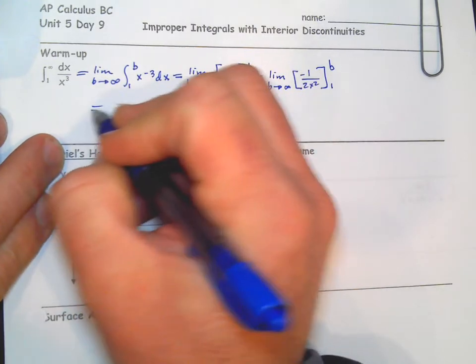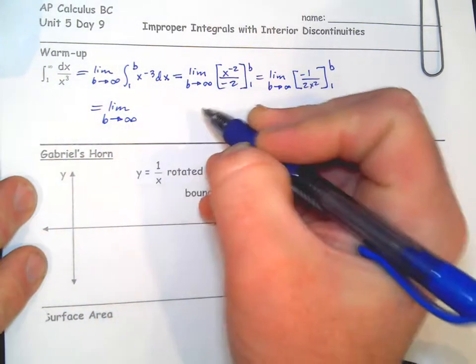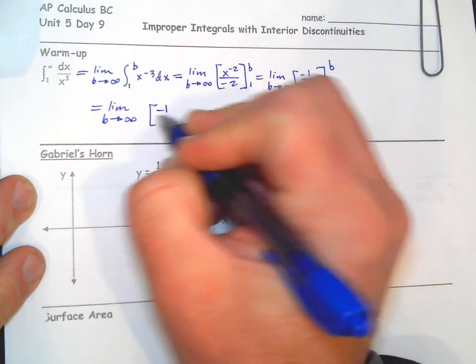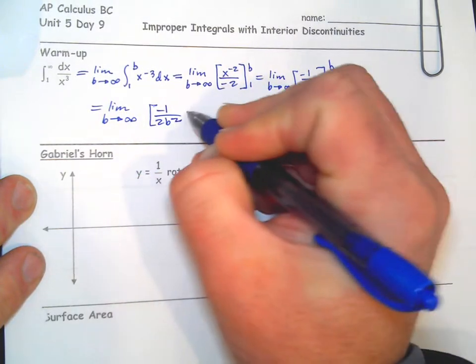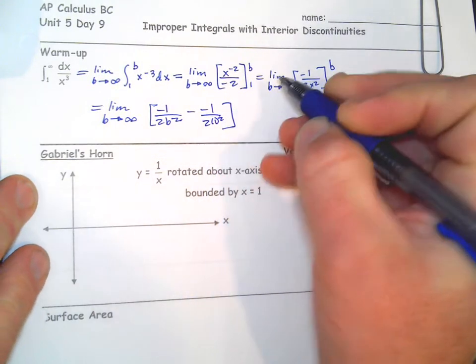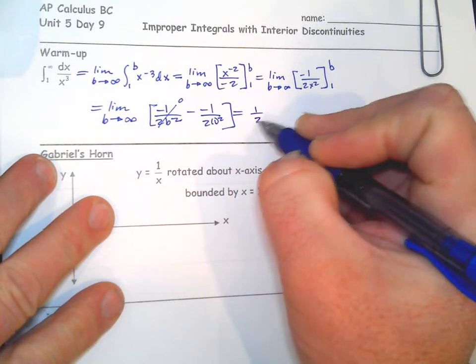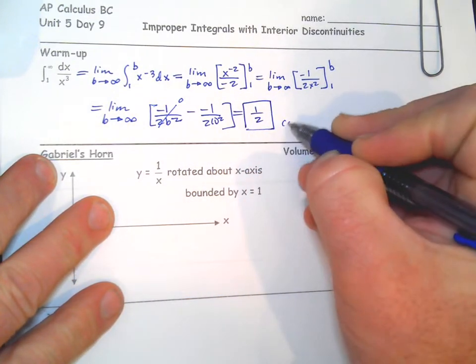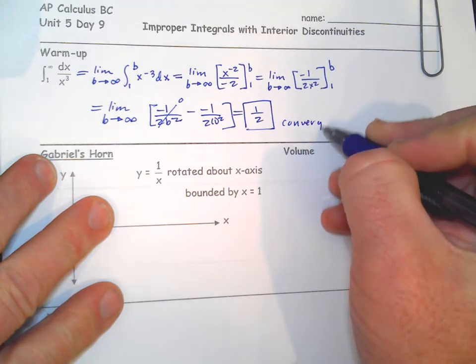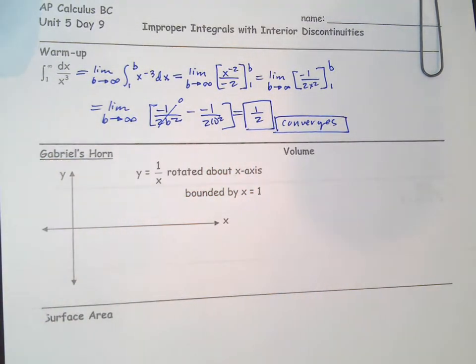And then we will plug the limits in. So it's going to be negative 1 over 2b squared minus negative 1 over 2 times 1 squared. Now, as b goes to infinity, this whole term goes to 0, and we're left with positive 1/2 as the answer. It converges. So that's what we were doing last time.